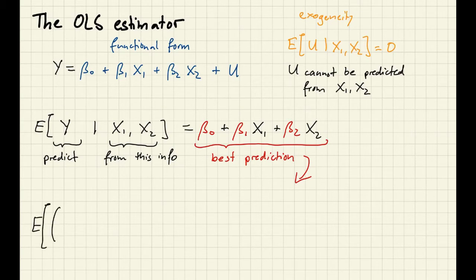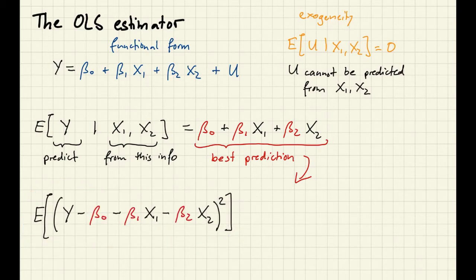So we're taking the outcome and we are predicting it by the regression curve. The prediction error is the difference between the two. We then square the difference and take the expectation. This is the prediction error of the best prediction.